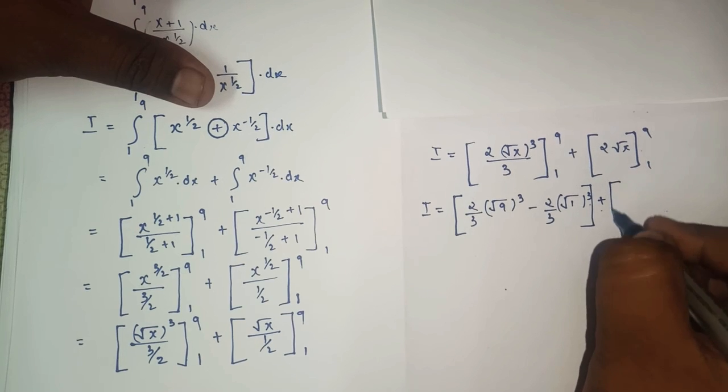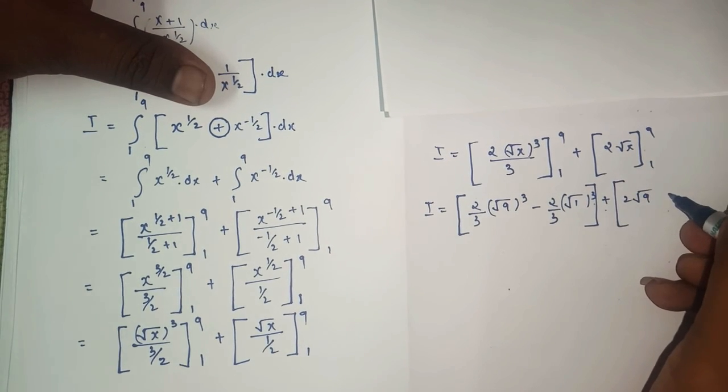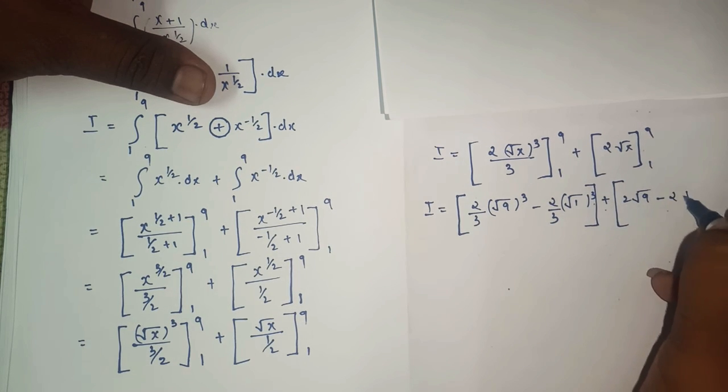Here also same, first you will put the upper limit 9 and then the lower limit.